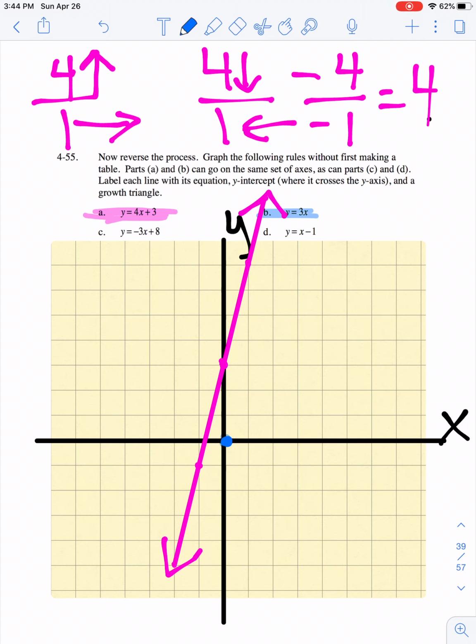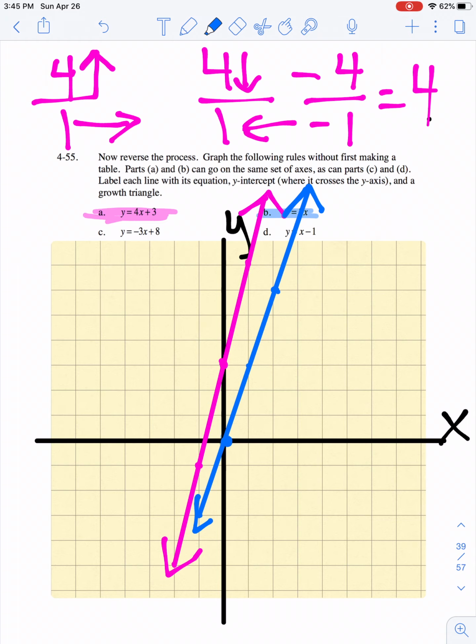So I'm going to go up 3 and right 1. Up 3 and right 1. So now I'll connect those. Notice that they had different slopes, and so it looks like they'll eventually intersect because they're not parallel. If they had the same slope, they would be parallel.